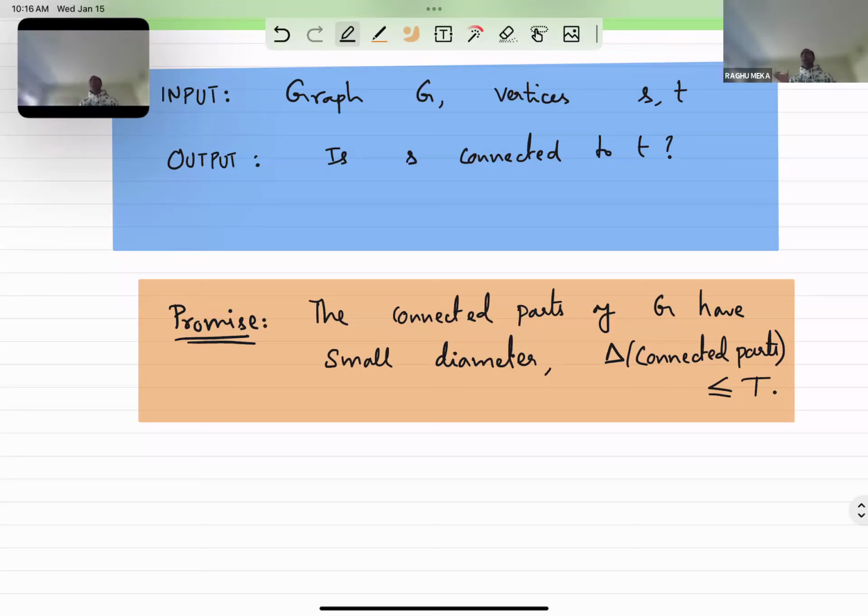Okay, so there is some parameter T such that every connected piece of G has diameter at most T.